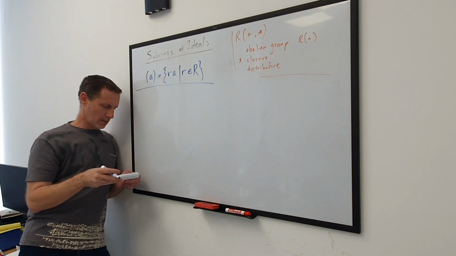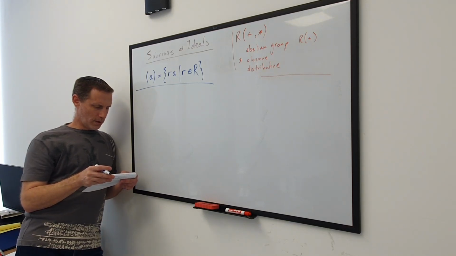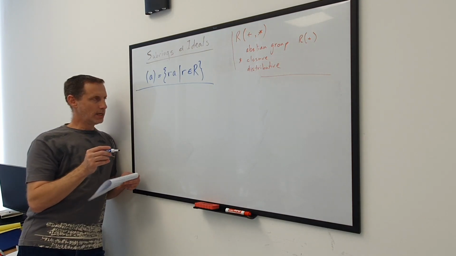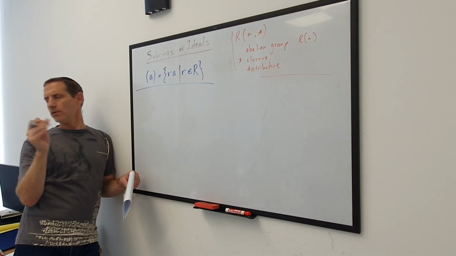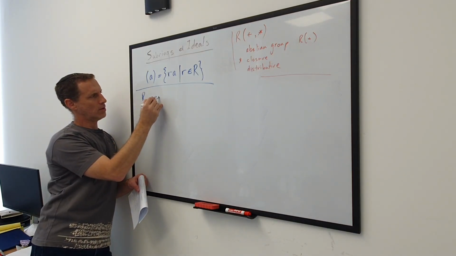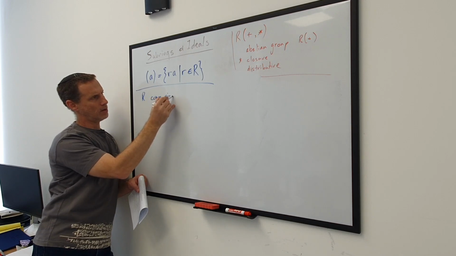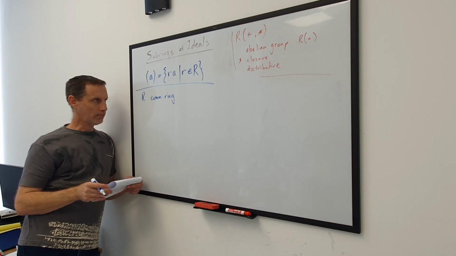So first of all, let's just say that R is a commutative ring, because we want the two-sided property. Okay. Now what do we need?